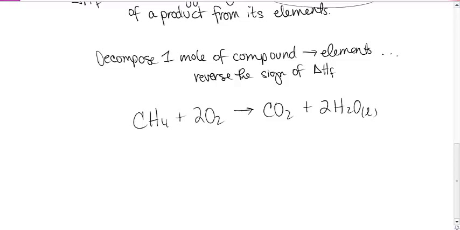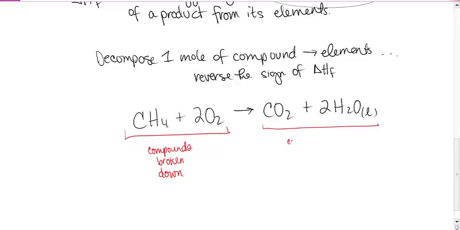So we know, based on what we've talked about before, that these bonds need to be broken, the compounds need to be broken down. Maybe the reaction occurs by breaking them totally into their elements. Maybe it doesn't. But Hess's law says it doesn't matter how many steps it takes. On the flip side, these compounds must be formed.